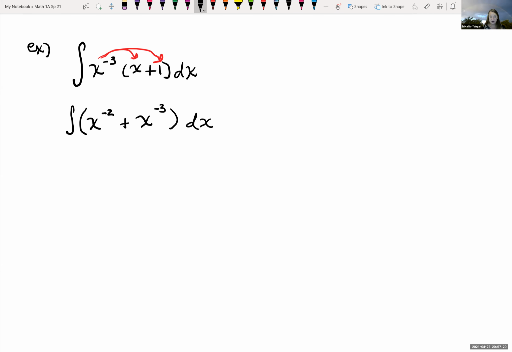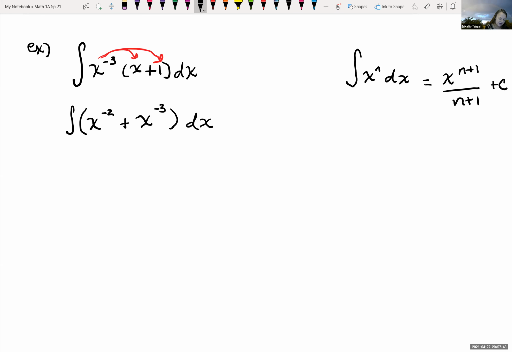Okay, so I'm going to drop this integral symbol once I take the antiderivative. Recall, another way we can write this: the antiderivative of x to the n dx, we added 1 to our exponent, so n plus 1, divided by our new exponent, and added c.